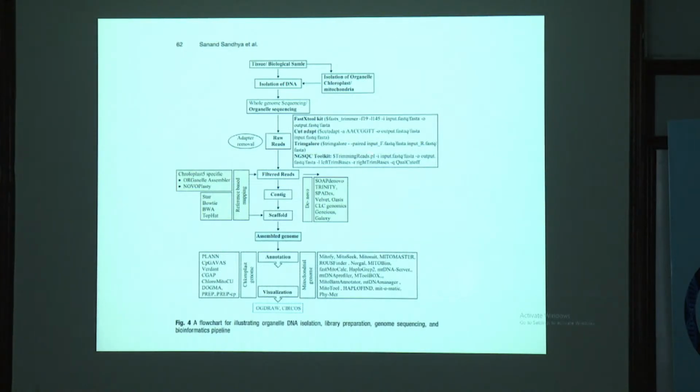You can find more. So we'll start with the tissue, then you have to take care of the protocols for isolation of DNA or RNA, and then after getting the raw reads, what kind of tools you are applying. Okay, so then you got the filter read. Now there is, if you are planning for de novo sequencing or reference based sequencing. What is de novo sequencing? De novo क्या है?